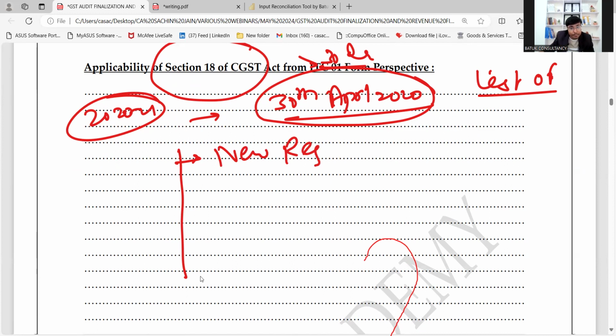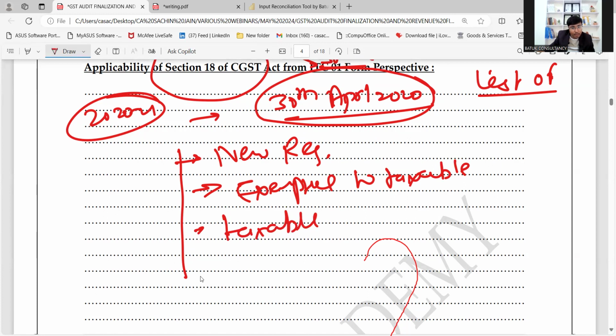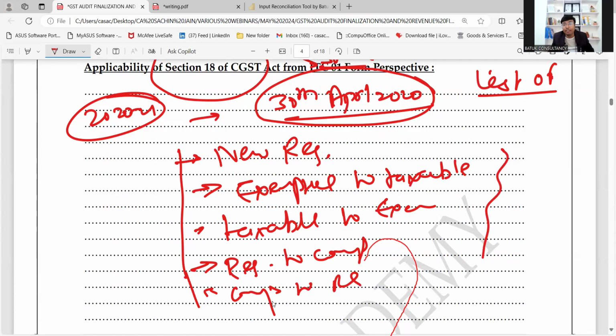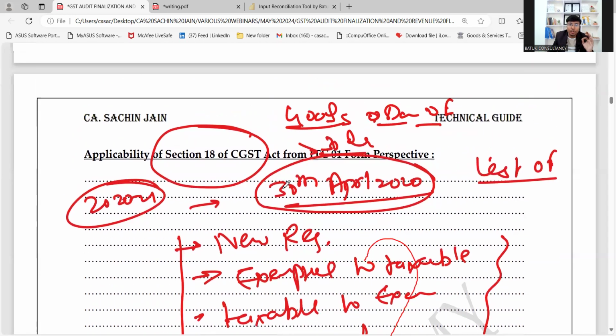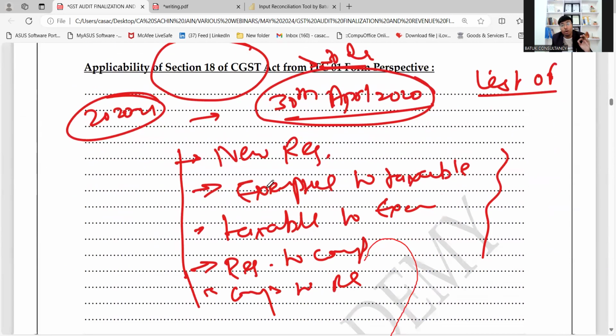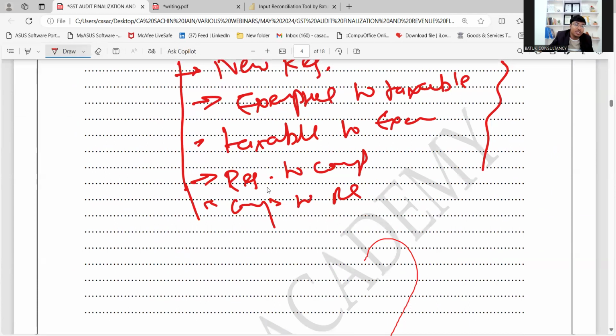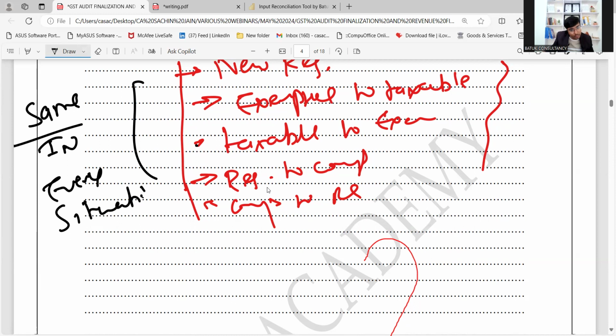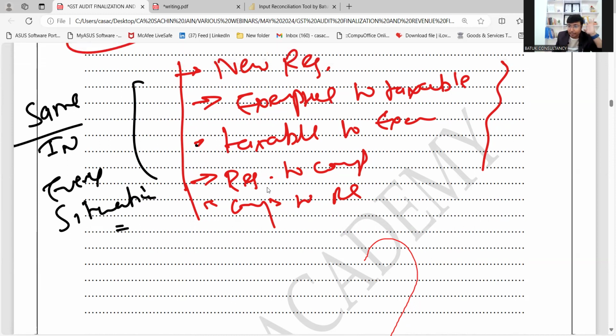What are the things we need to check? The same things we discussed here for composition to regular, we need to check in each and every situation.